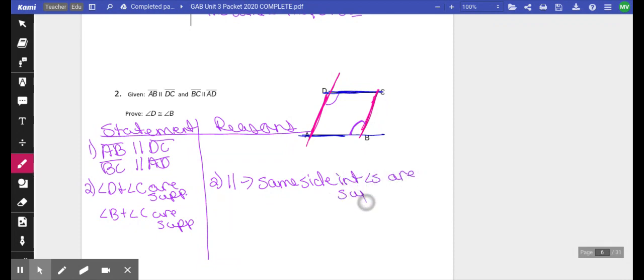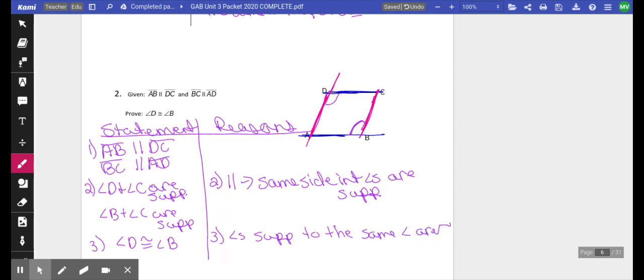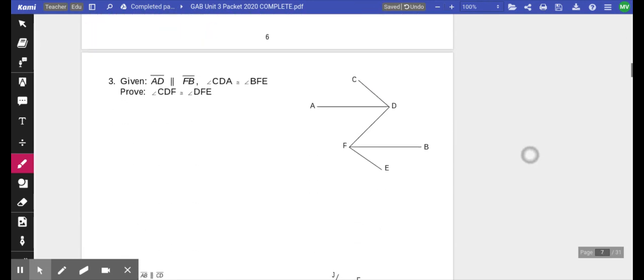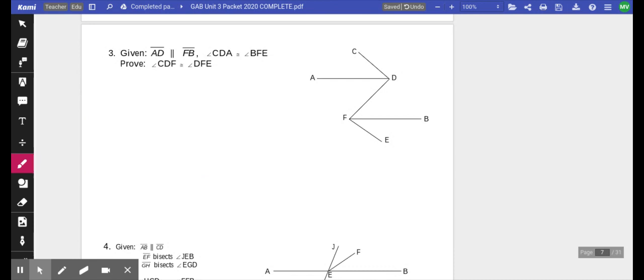Now you can do that in 2 steps as we did above, but then I can conclude that angle D is congruent to angle B because angles supplementary to the same angle are congruent. So that was essentially the same proof as the one above. So I want you to pause and give number 3 a try and then come back.